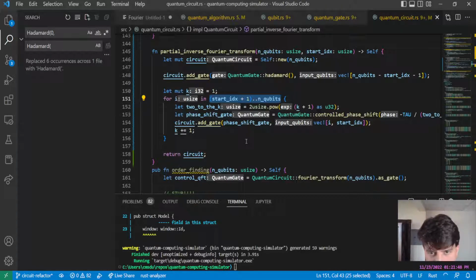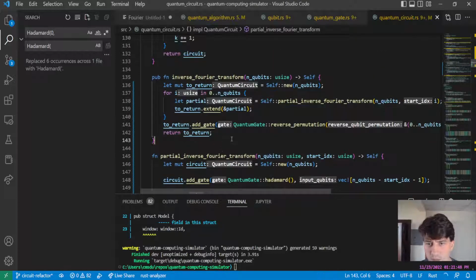This also feels like code duplication, which I'm not super thrilled about. See here. So I wonder if maybe I want to.